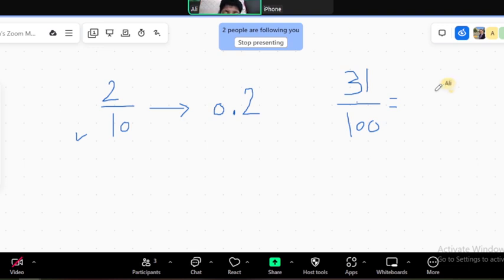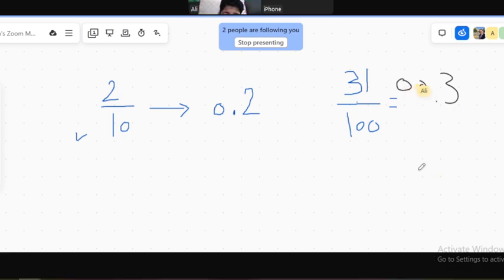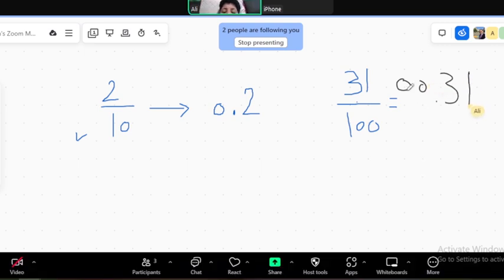So you write 3, and then you have 2 zeros, so you put the decimal. Write 31, not 3. Oh, I'm sorry, my bad. I told you we'll write the numerator. Yes, 31.